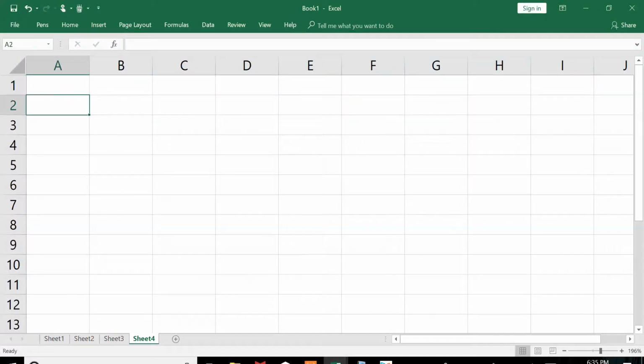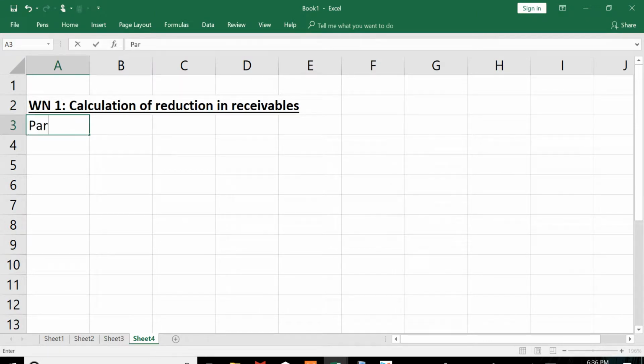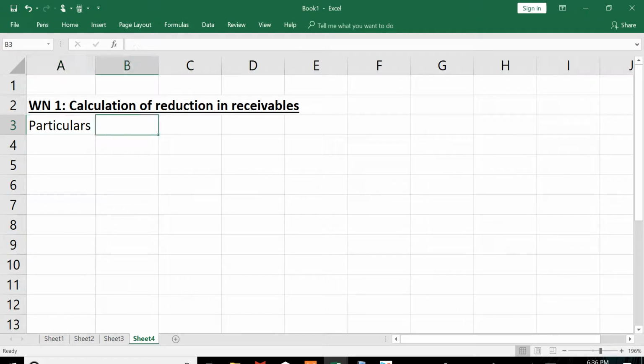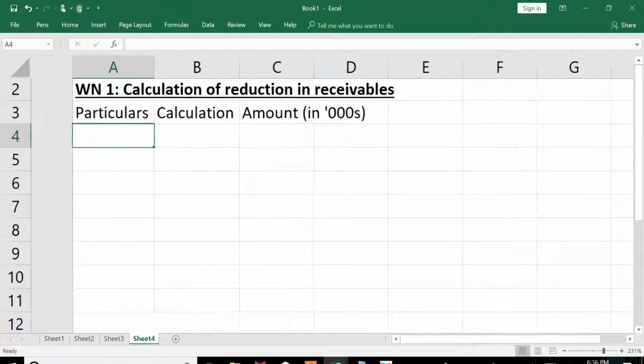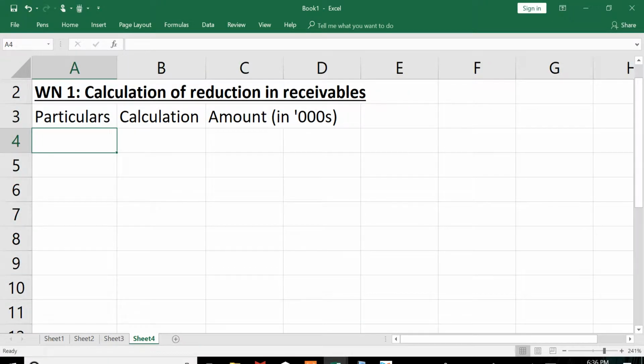Working note 1. Calculation of reduction in receivables. Particulars, calculation, amount in brackets in thousands.